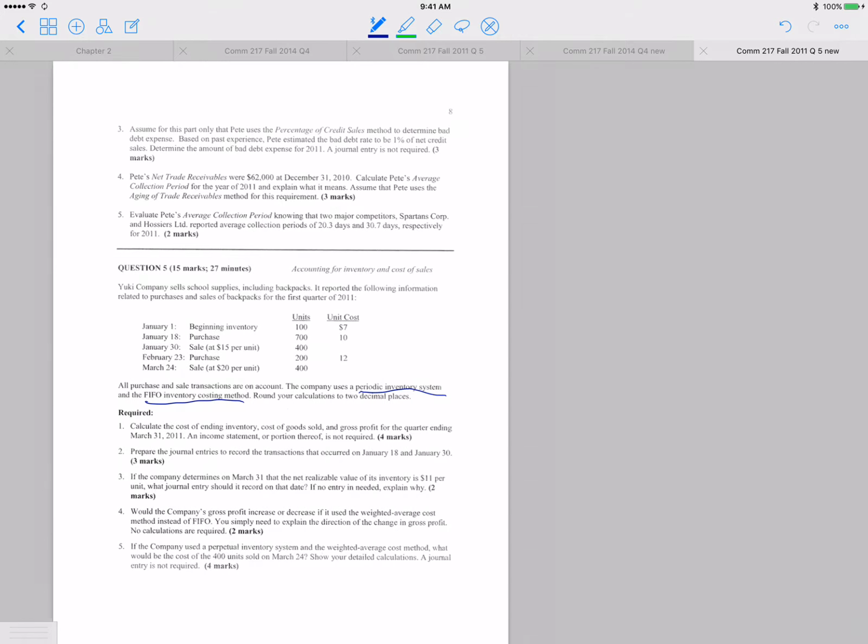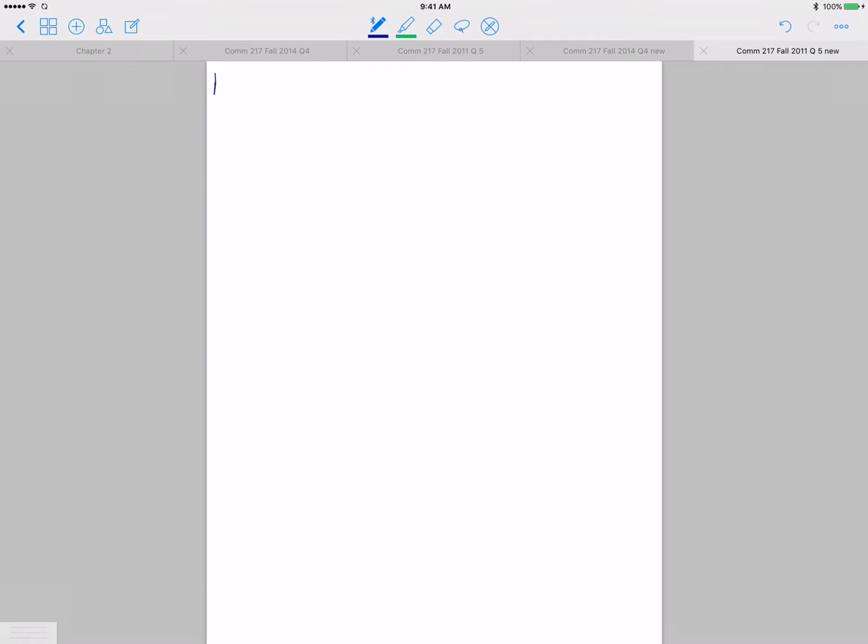So we'll start with the first required. It's a good idea to make a small table. Transaction, and inventory balance.